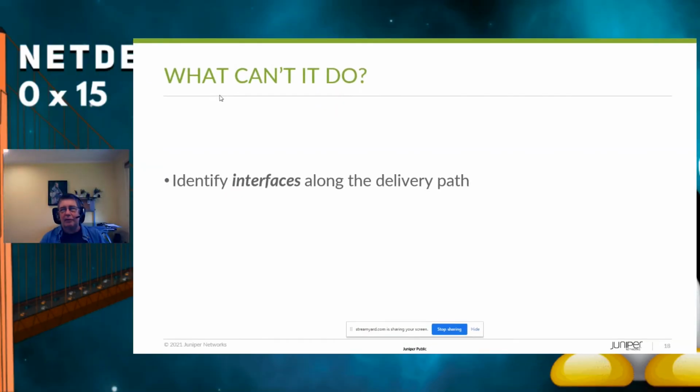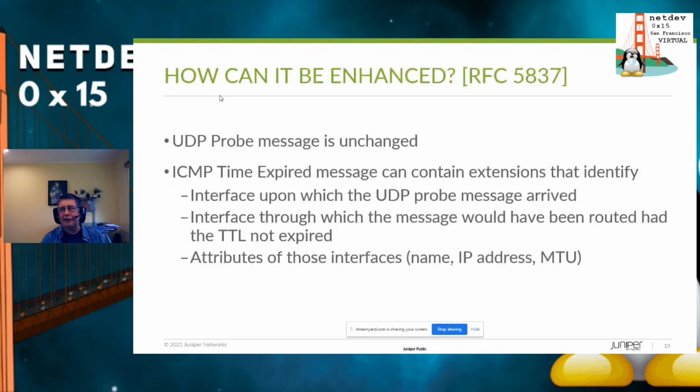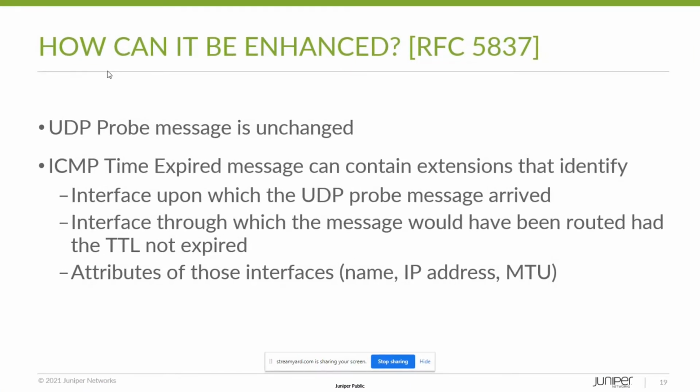So, what can't Traceroute do? And that's identify interfaces along the delivery path. So, how can we fix this? Well, we still use the same old UDP probe message. We send a probe message, we increment the TTL, we increment the UDP destination port.